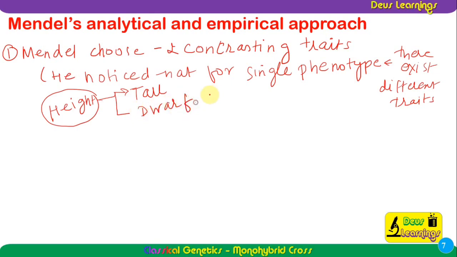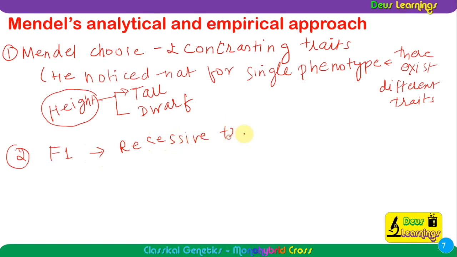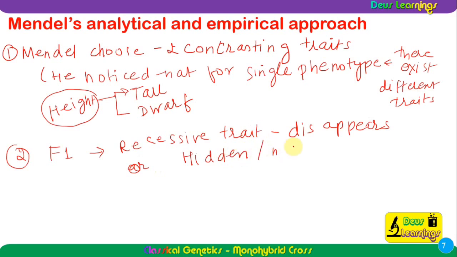He noticed that in the F1 generation, the recessive trait disappears, or is hidden or masked.